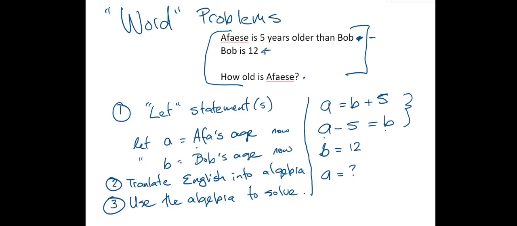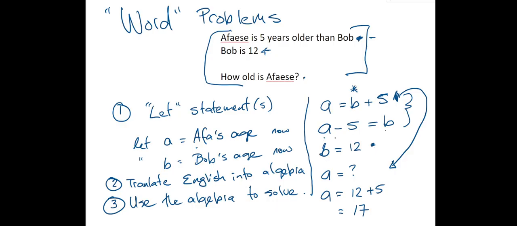Well, we're just going to substitute. Wherever we have a B, we're going to put it there. So, Arthur is Bob's age, and Bob is 12, plus 5. I've just taken this first equation here and put it down there, and I know now that Arthur must be 17.